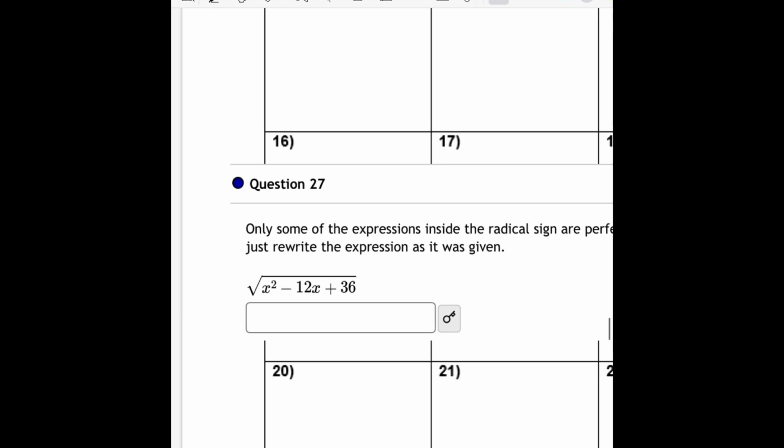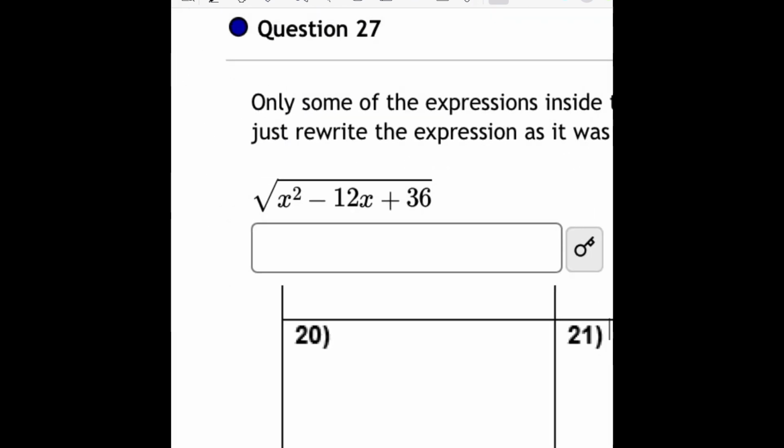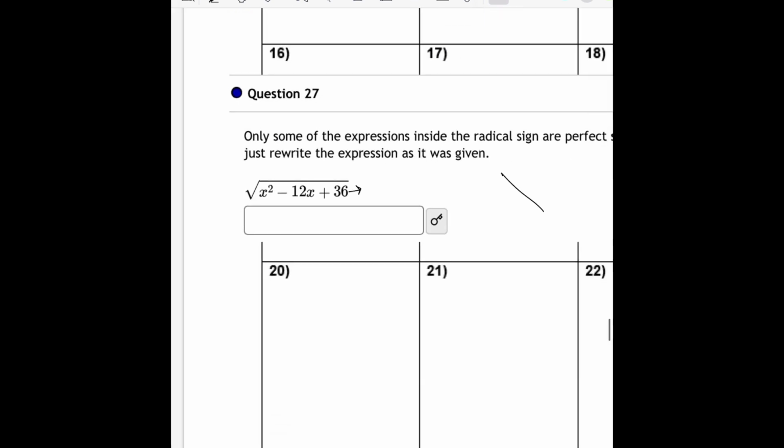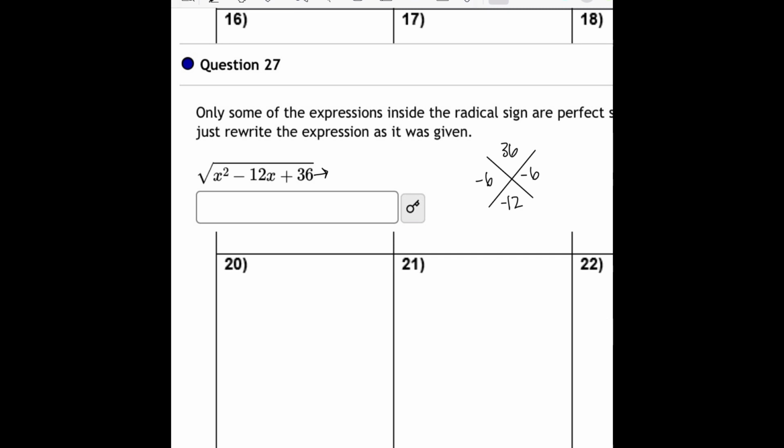And then these ones are fascinating because what's going to happen here is this. When you do the little x method on it, a times c is going to be 36. B is negative 12. And it turns out that you're actually going to use the factors negative 6 and negative 6 to multiply to be 36, but add to negative 12. This one's tricky when you have the one positive and the one negative. Okay? It's tricky, I know.